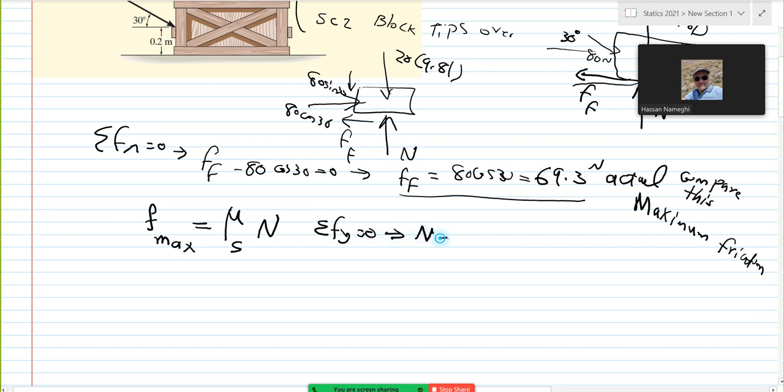I have N minus 20 times 9.81 minus 80 sine 30 equal to 0. From here I'm going to get N is equal to 20 times 9.81 plus 80 sine 30, that will be 236.2.